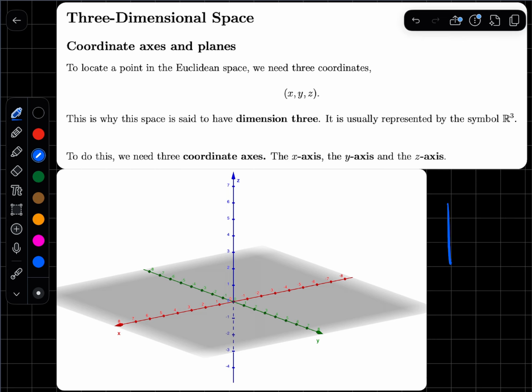So if you have x and y, and you tell somebody, oh, maybe you walk 3 feet this way and maybe 2 feet this way, and then there's your object on the floor, on the ground.